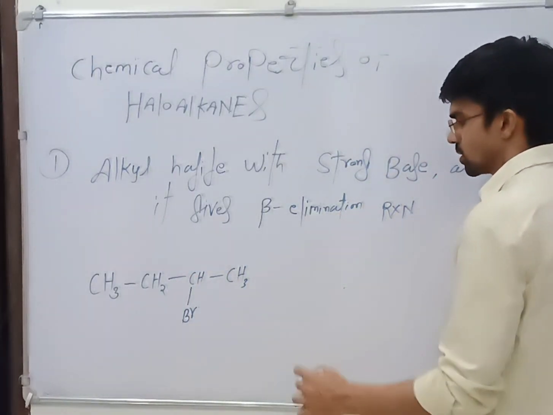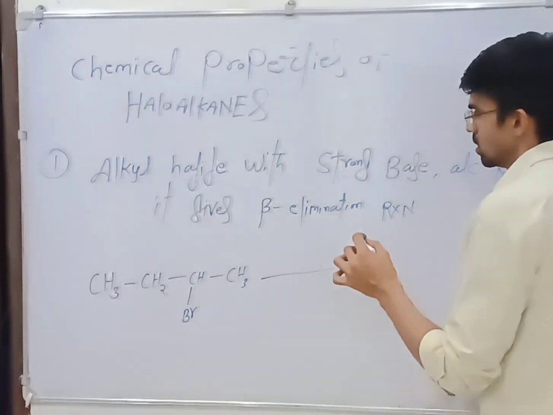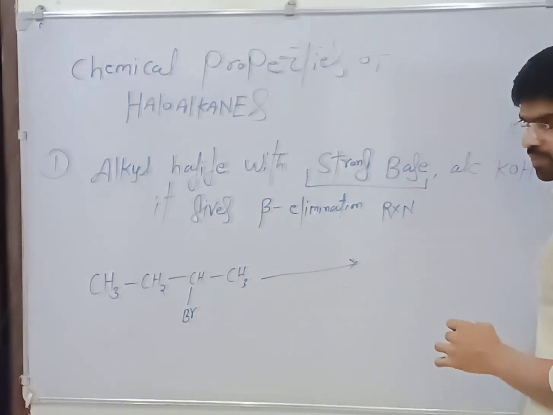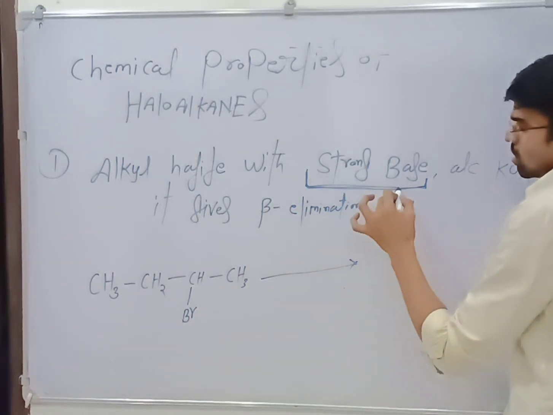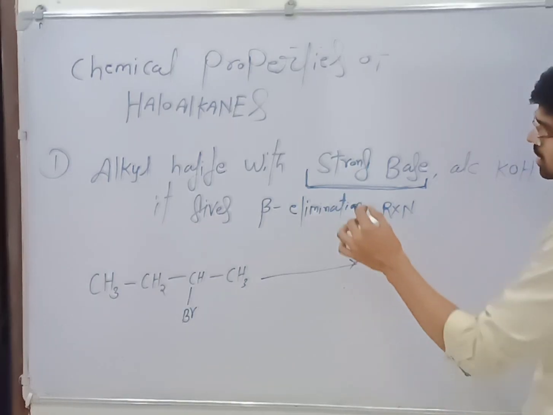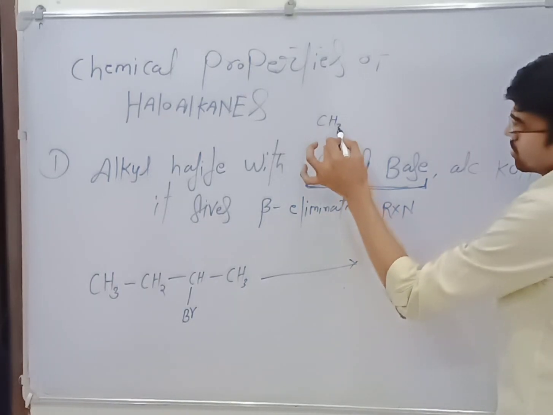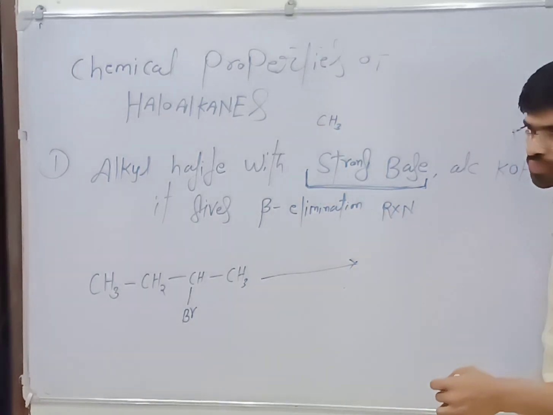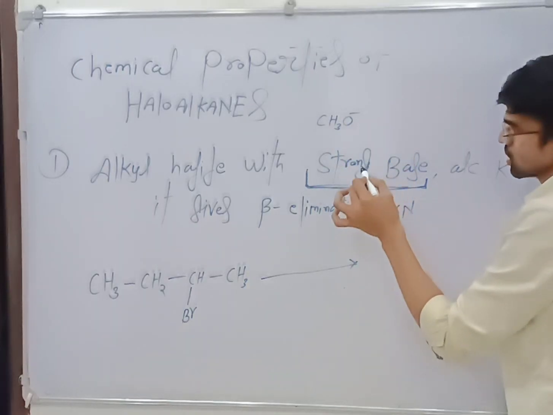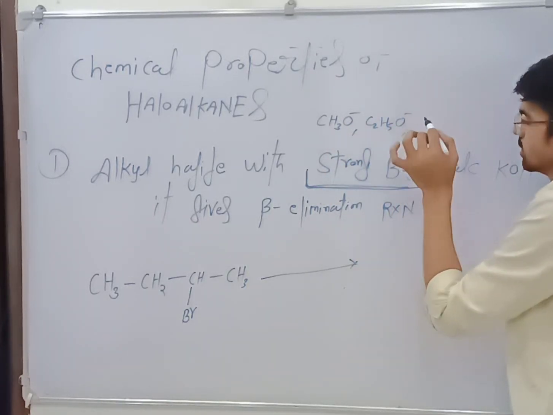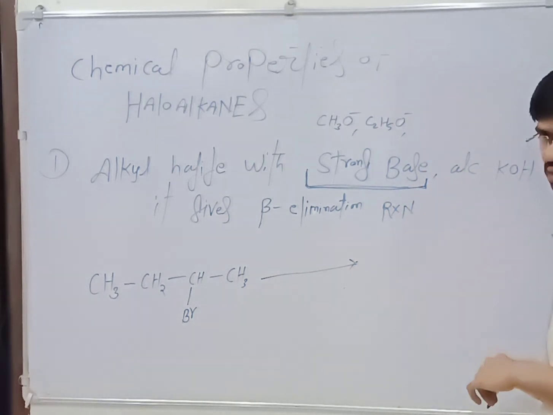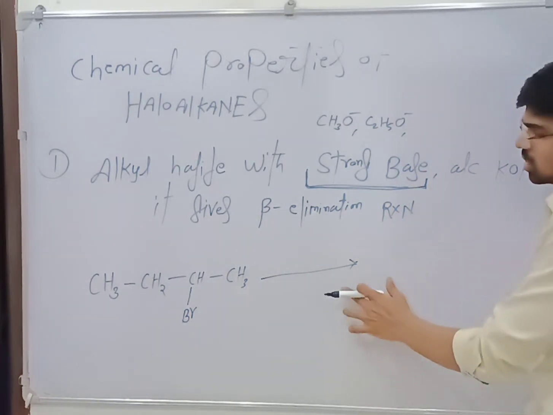Now react it with strong base. What are the strong bases? Bases which can donate electrons are called strong bases, है ना, like normally nucleophiles like CH3O minus, C2H5O minus, है ना. So these are the strong bases, है ना.